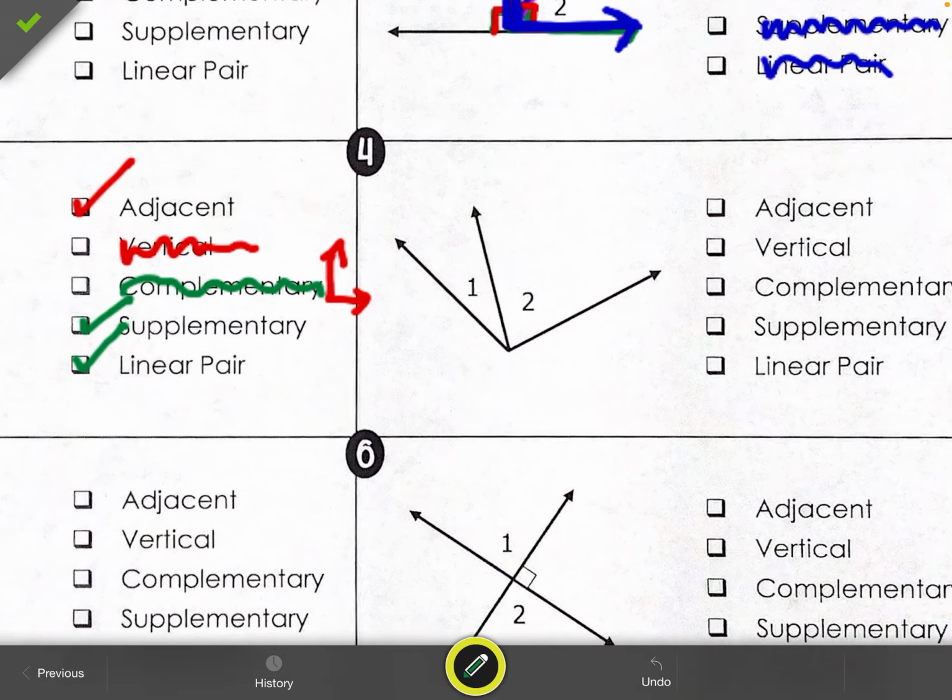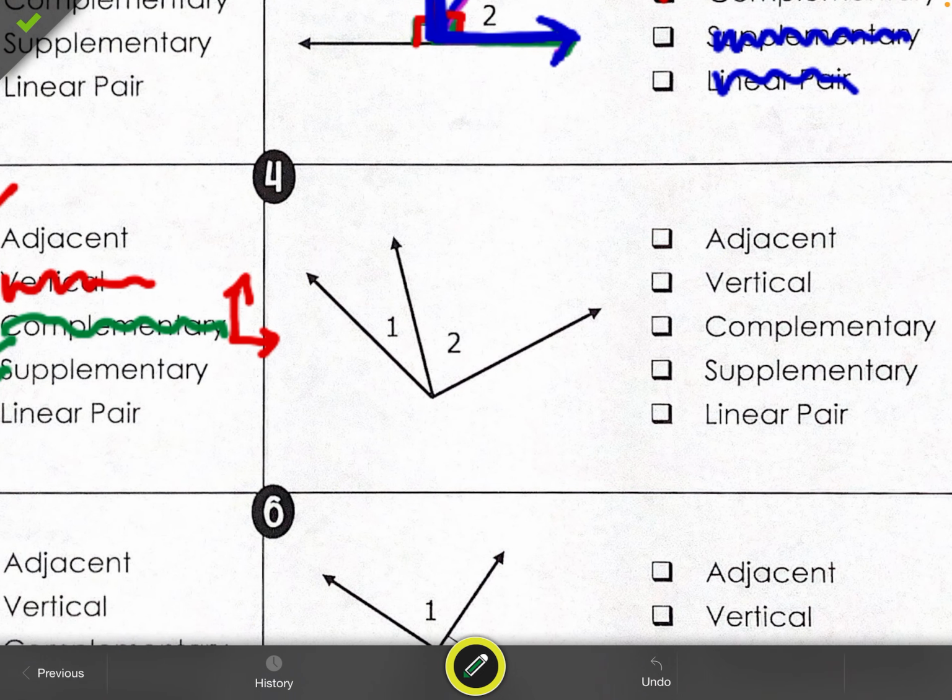All right, let's look at number 4. Actually, pause the video, see if you guys can do number 4, and then come back. Take like a minute, see if you can do it. All right, so hopefully you paused.